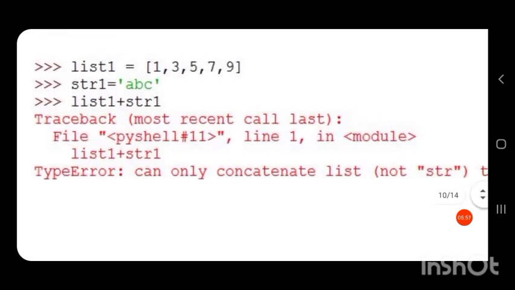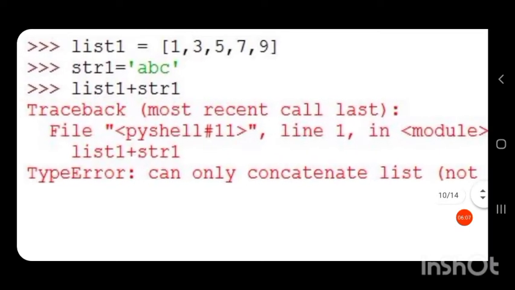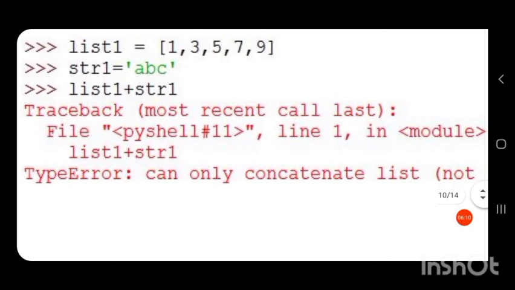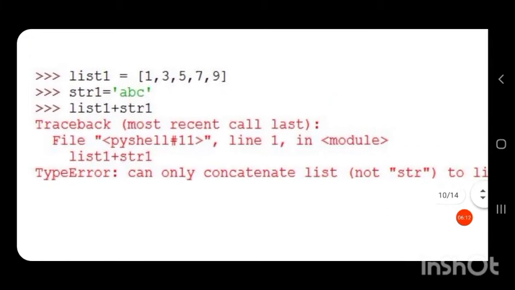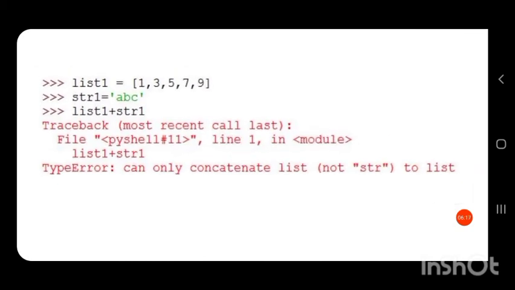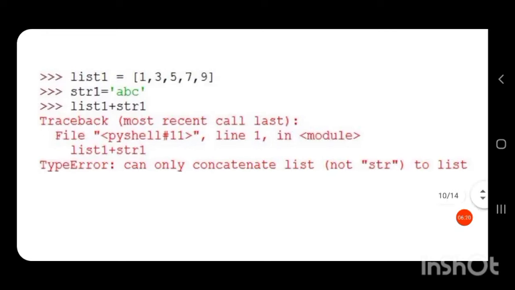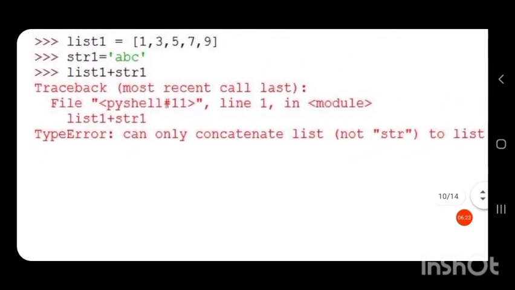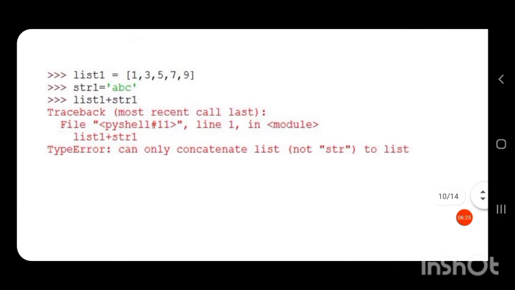In concatenation, the two operands should be lists. Here one operand is a list and the other operand is a string. When we concatenate this, you can see an error has occurred, that is TypeError: can only concatenate list, not str, to list. This str ABC is not a list.